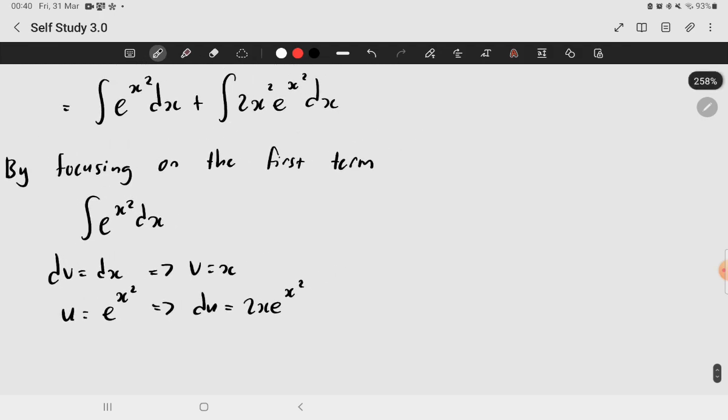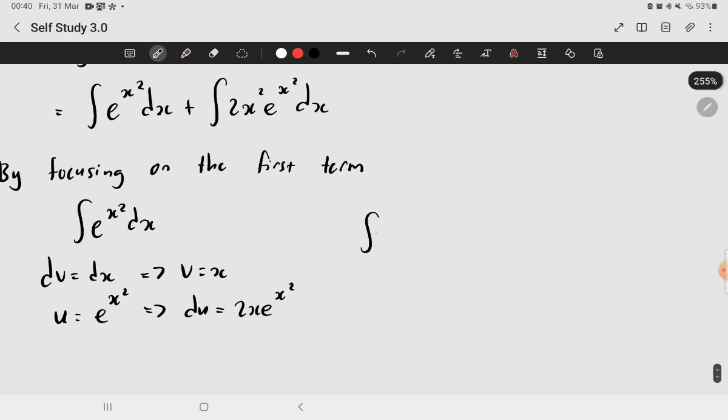Now, let's recall the formula for the integration by parts technique. The integral of u dv equals uv minus the integral of v du.